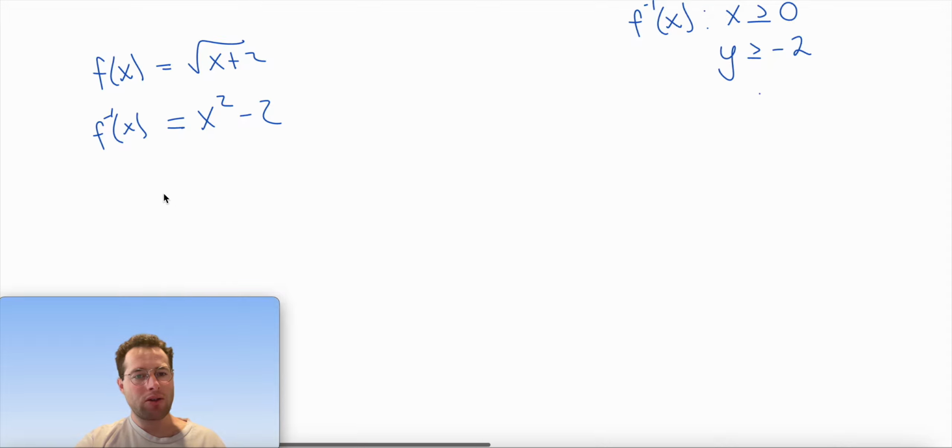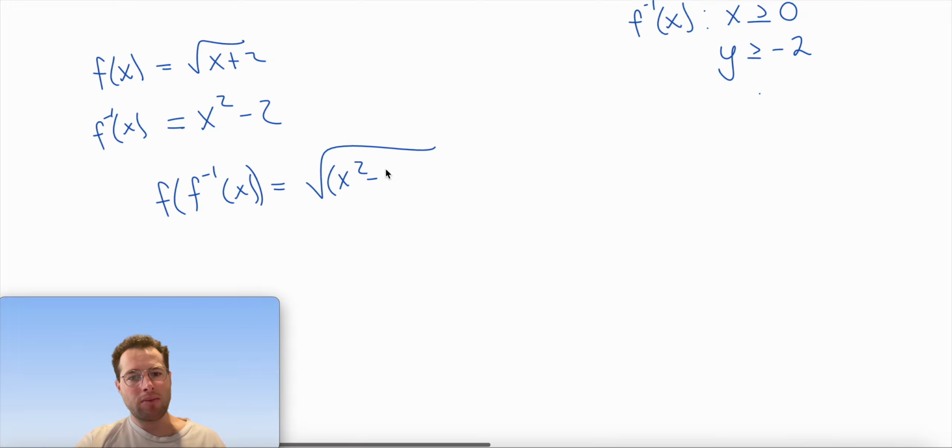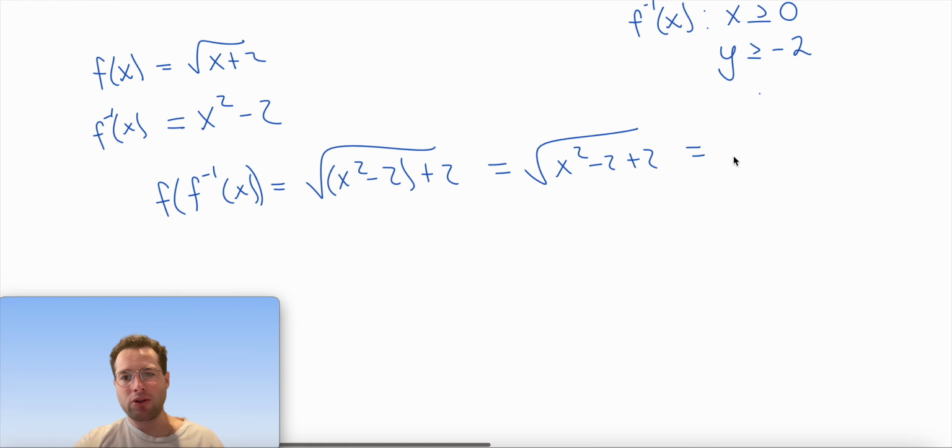So when we do the composition, f of f inverse of x equals the square root of x squared minus 2 plus 2. Well, the 2's cancel out, and we have the square root of x squared, and those cancel out to just equal x.